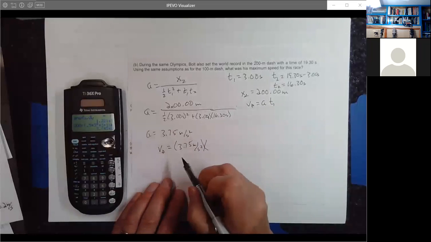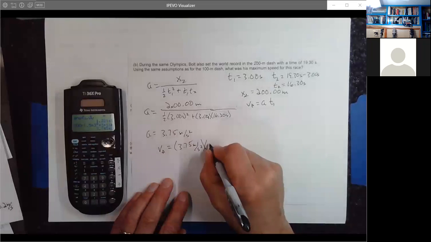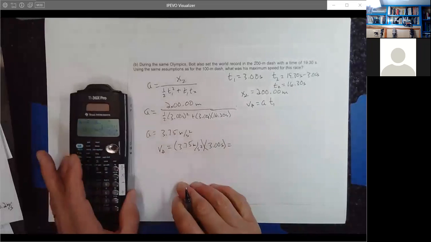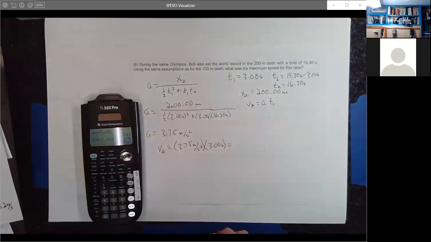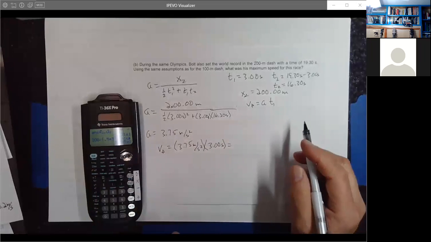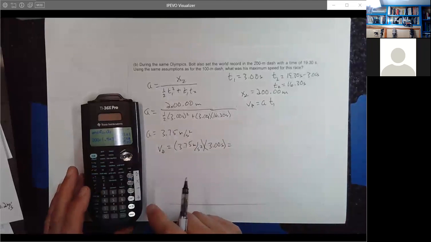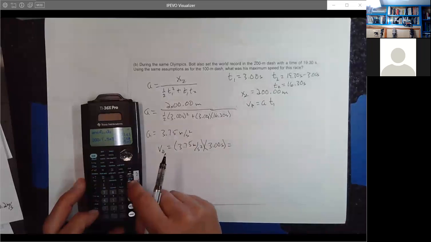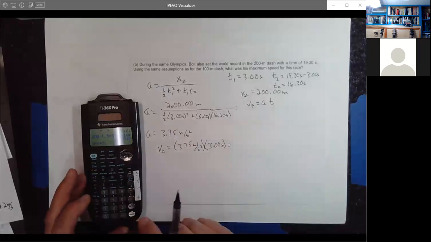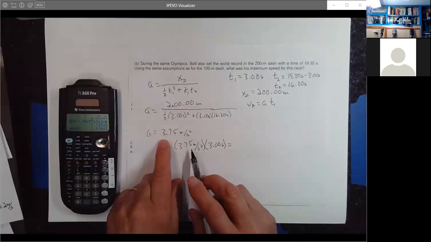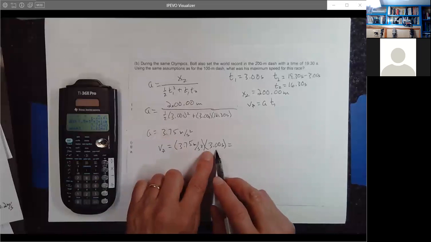So V final is equal to A T1, 3.75 meters per second squared times 3.00 seconds. Just multiply that by 3. And by the way, I had more figures on this one, and I left them in when I multiplied this by 3.